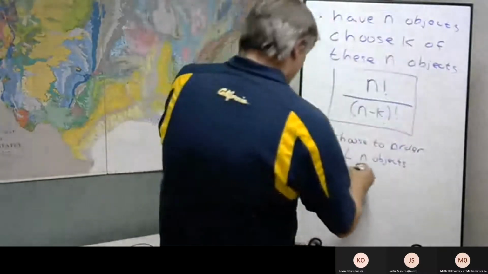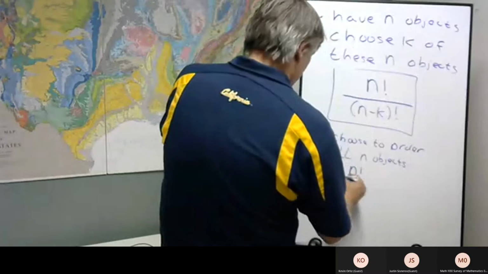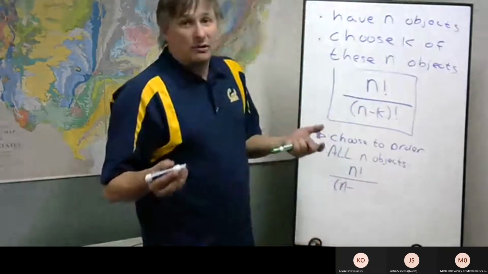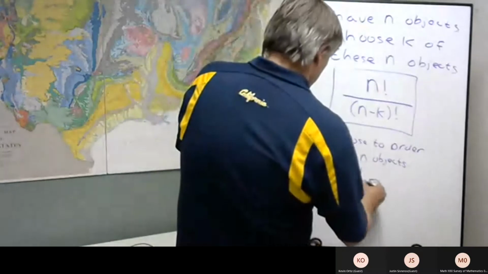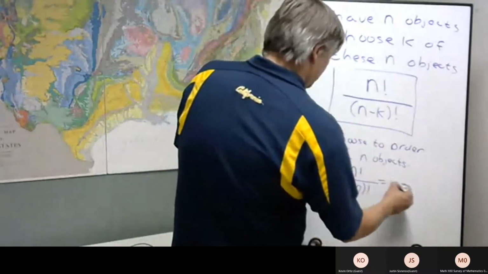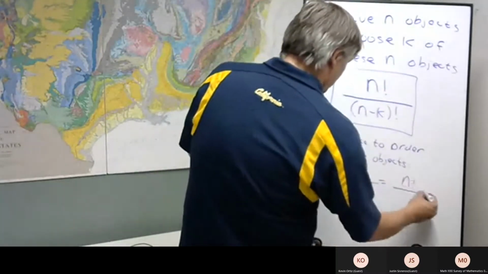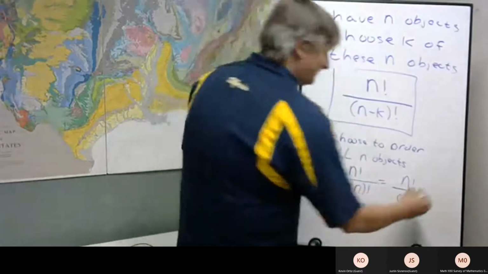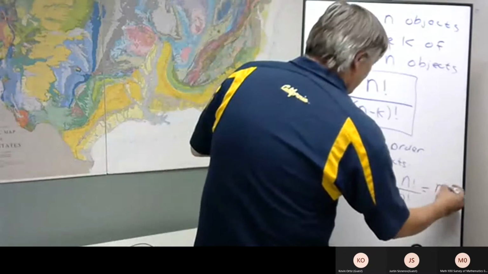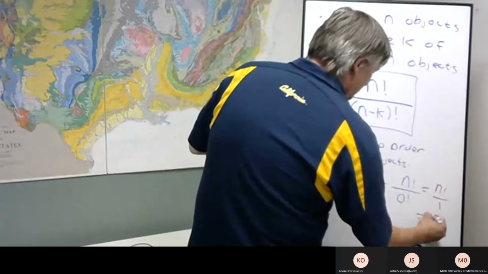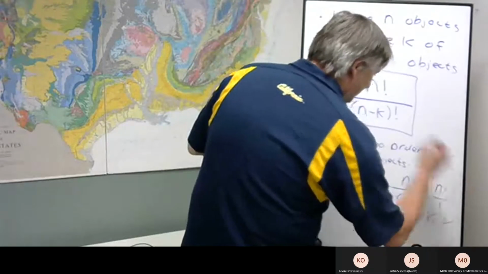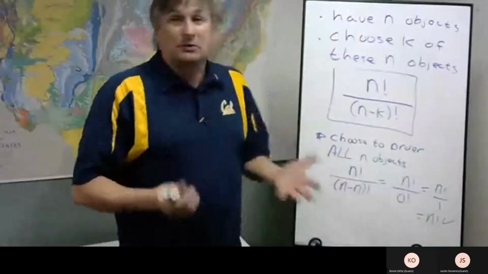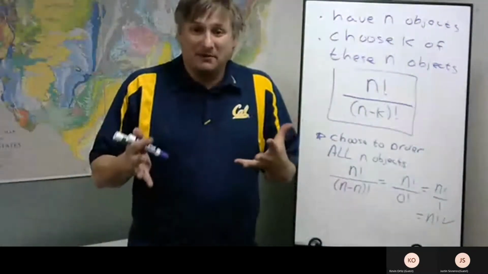So note, that would be n factorial over n minus n factorial, n factorial over 0 factorial, and remember that's supposed to be 1, which is n factorial over 1, or n factorial. So we still have our old formula. Now let's do some examples so you're not worried about this.